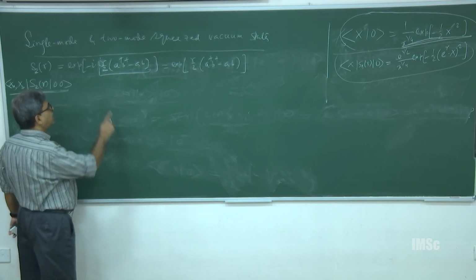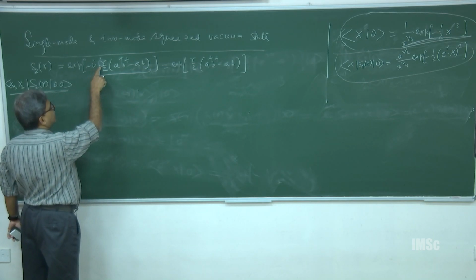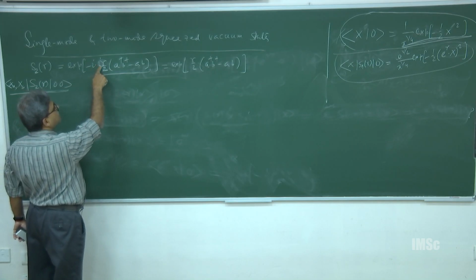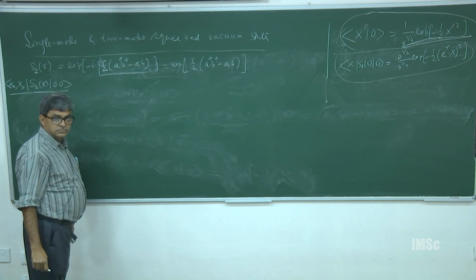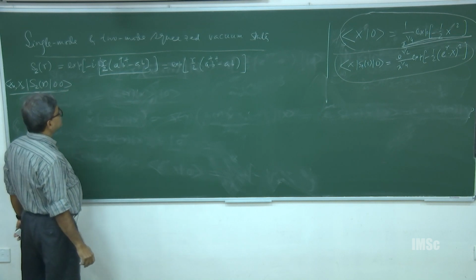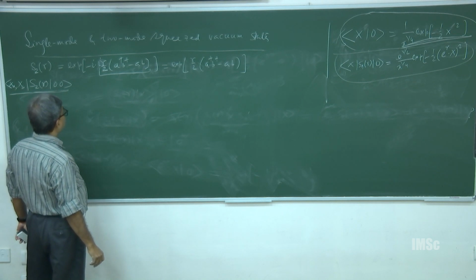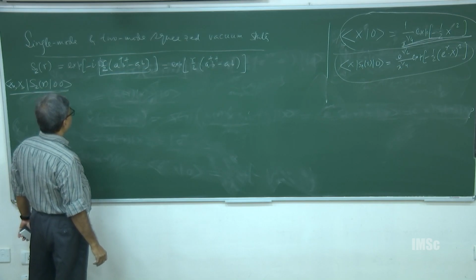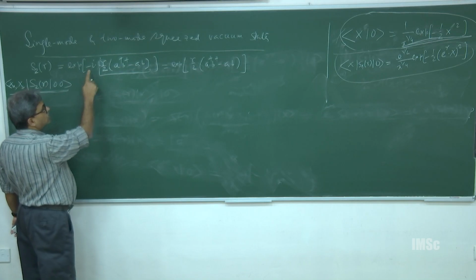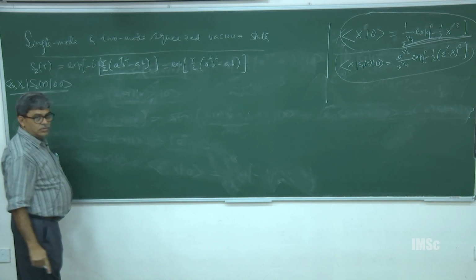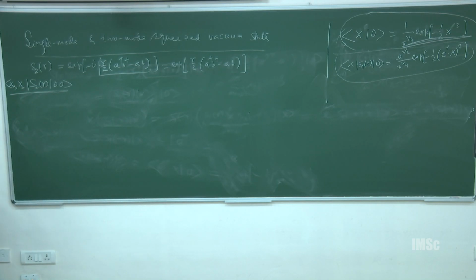Minus iota into iota is plus 1, right? It is like the way you introduced the squeezing unitary in the single mode squeezing, where A dagger square minus A square was there.